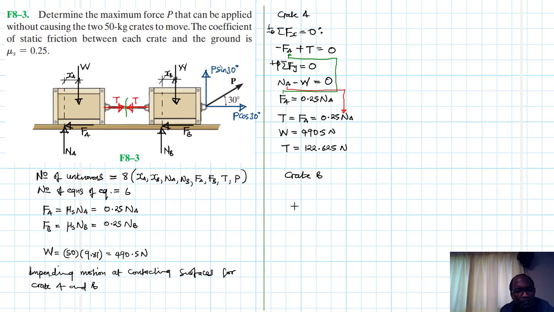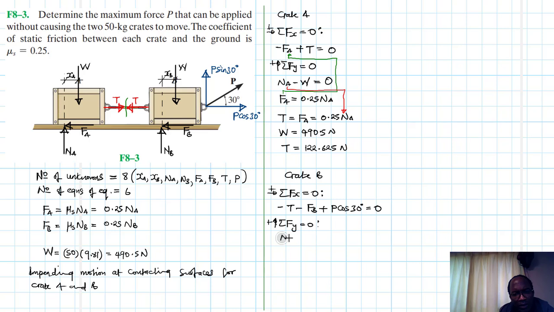Crate B, summation of forces in the x direction equal to 0 in this direction, like so. So we have minus T minus FB plus P cos 30 equal to 0. Okay, then we have summation of forces in the y equal to 0, going up in our reference.